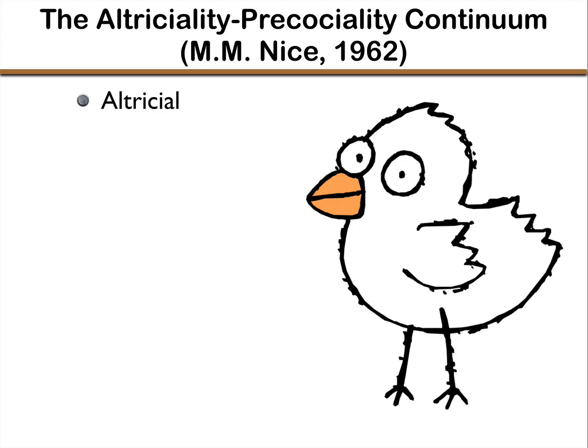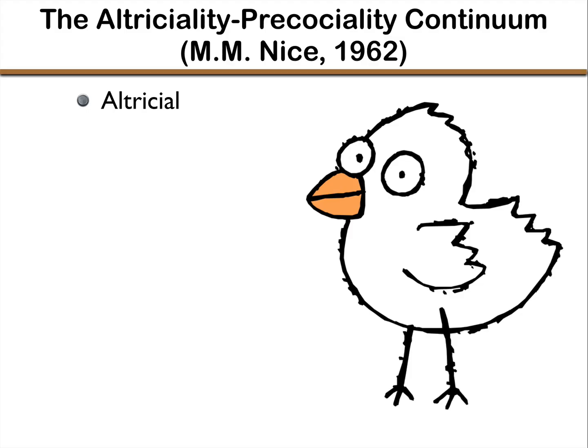So she devised these different categories. Now what I'm going to do here is present her scheme. Again, she was trying to work only with birds. I'm going to try to fit in mammals wherever I can. It's not a perfect match, but basically some of it kind of fits.